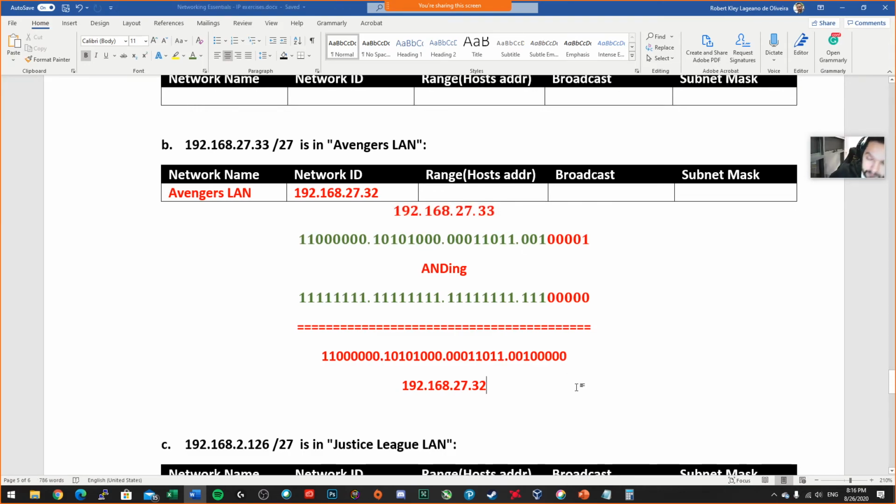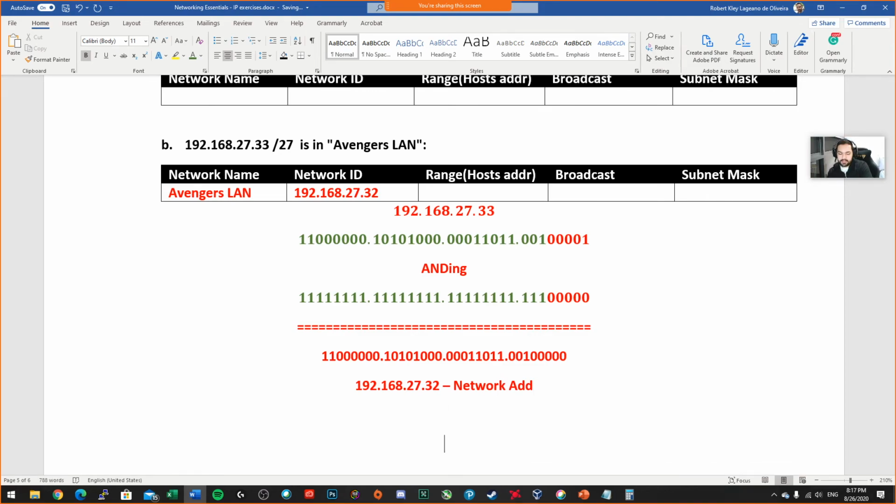Yes? So this is the network. How do you find the broadcast? Just putting the 1s into the host. So it's that 63 at the end. So you set all of these to 1. After you set all of these to 1, which value do you get? 63.